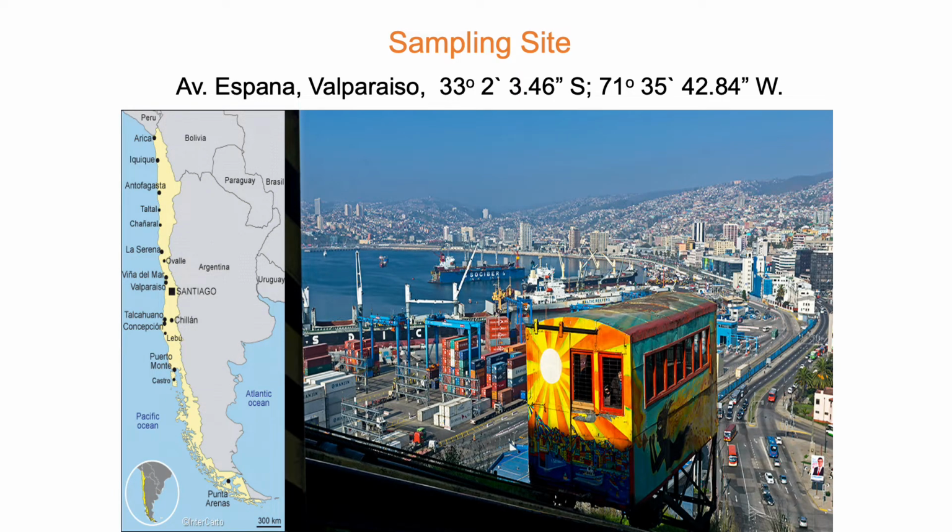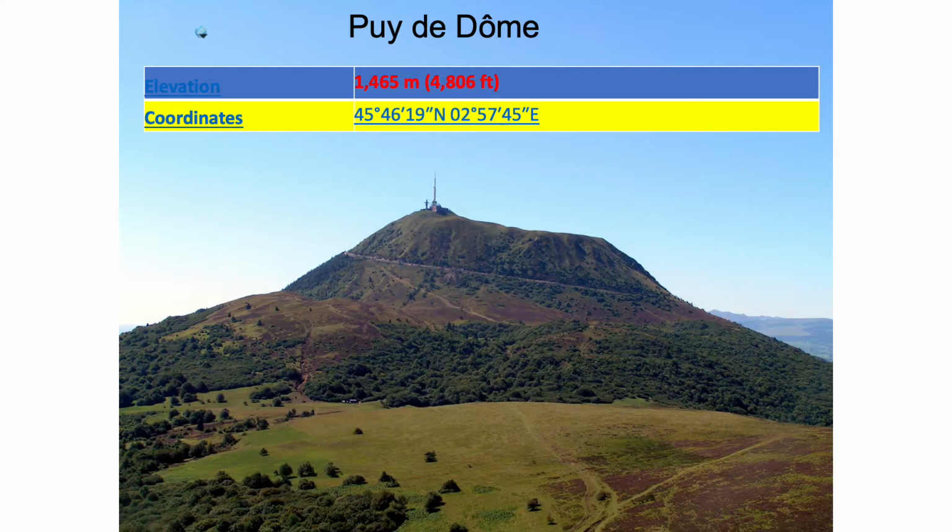We also had several samples of rain collected in Valparaiso in Chile, and the sampling site is just on the coast of the Pacific Ocean. And finally, we had samples from the cloud water collected at the mountain Puy de Dôme, which is just in the middle center of France, nearby the city Clermont-Ferrand. And here you can see the station, the laboratory where the samples were collected.